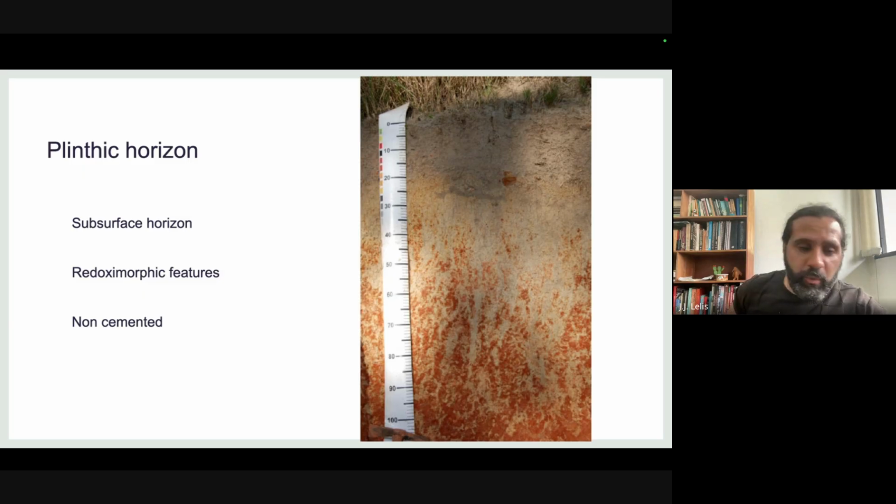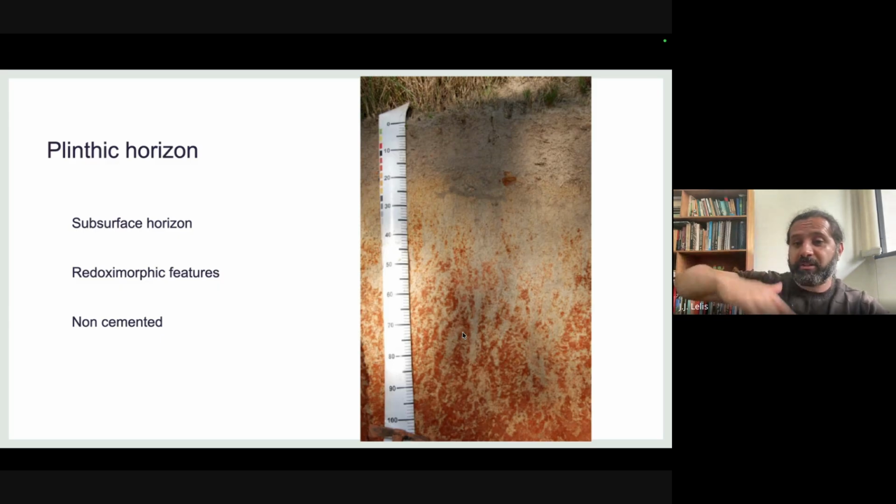And then when they reduce, you register a grayish color with some nodules and concretions and what we call plintite. These reddish spots express the oxidation of iron when the water table level goes down.